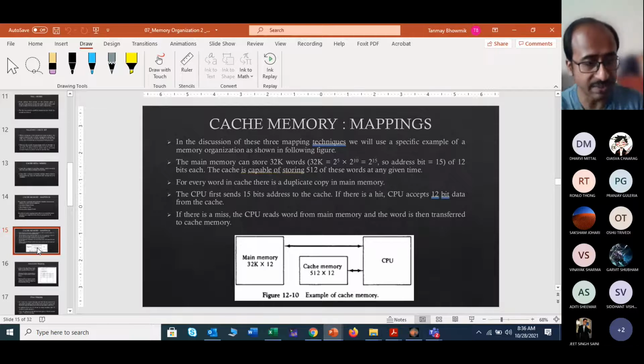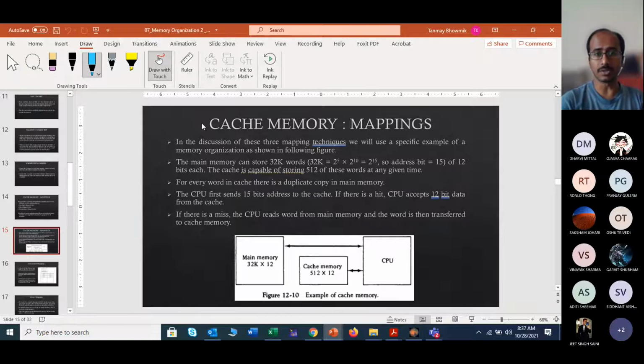So initially when you start, we will take an example like this. Say you are using cache memory mapping, and this is your CPU, this is your main memory, this is your cache memory.